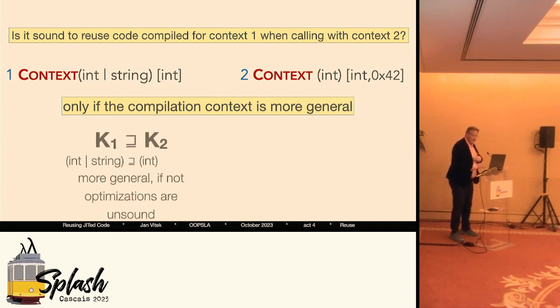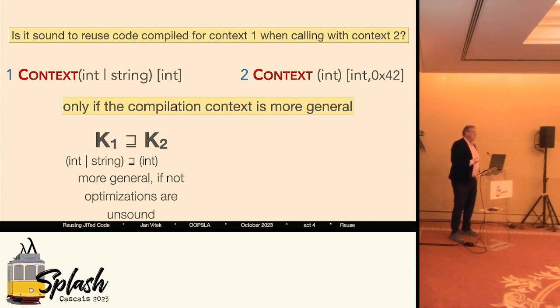So essentially, you want a relation on context such that you can say this context is more precise than that one. And if you have a more precise context at a call site than the code you generalized, you can safely jump into the code. What about the speculations?